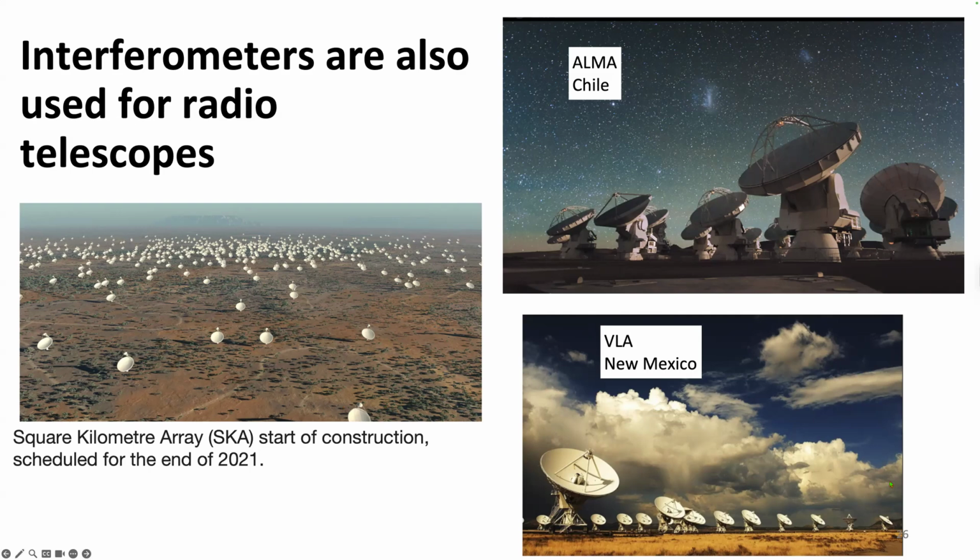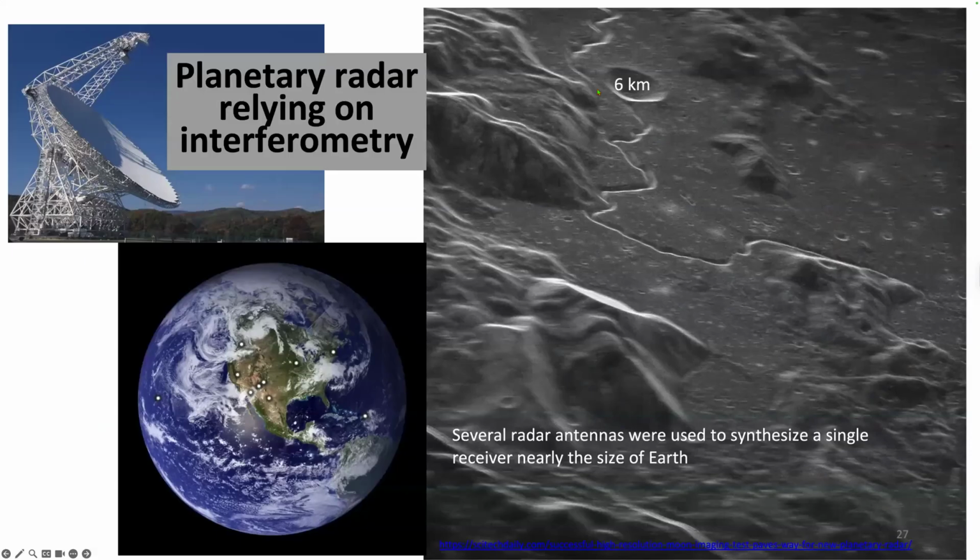Well, the biggest one we have in the US is in New Mexico, out in the desert, the Very Large Array. In Chile, the most modern one is ALMA. And with these kinds of arrays of telescopes or big tilting telescopes, we can do a great job.